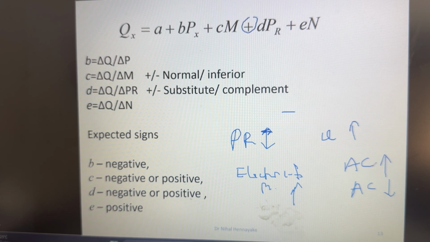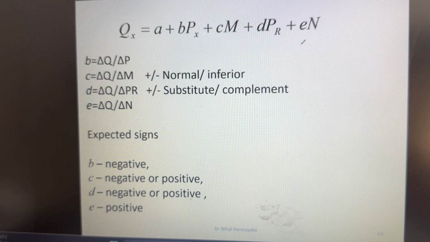To get some satisfaction or utility, you have to use both at the same time. So this is complementary. You need both, right? So the relationship is complementary. Therefore, the sign is very, very important, right?